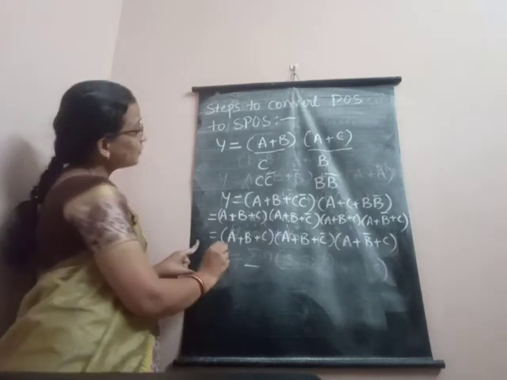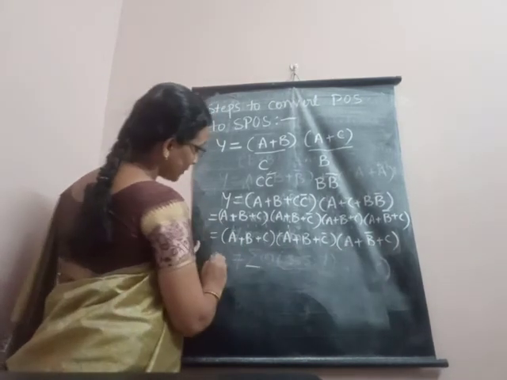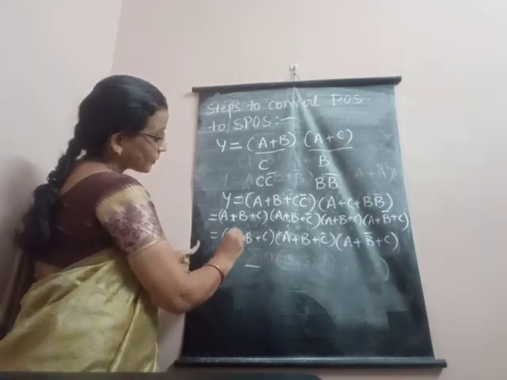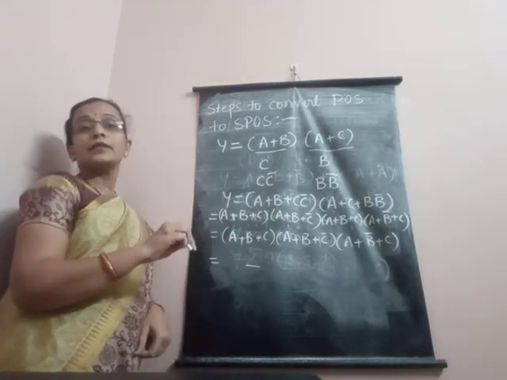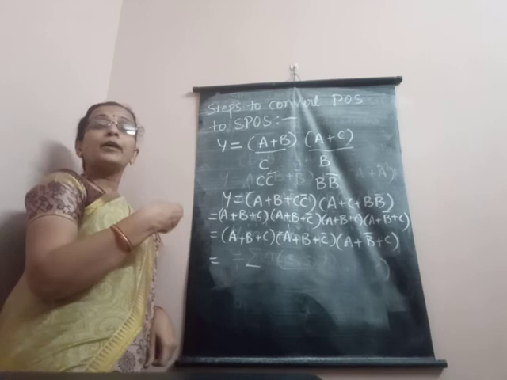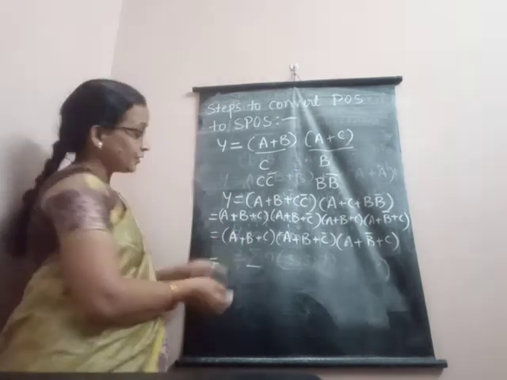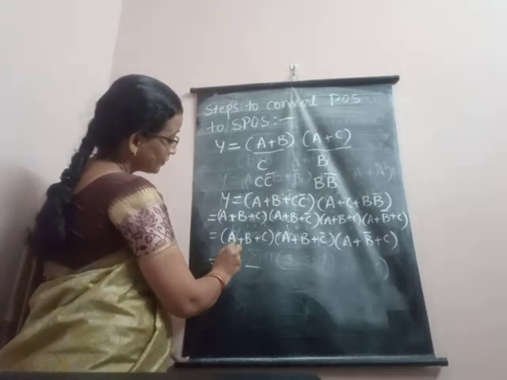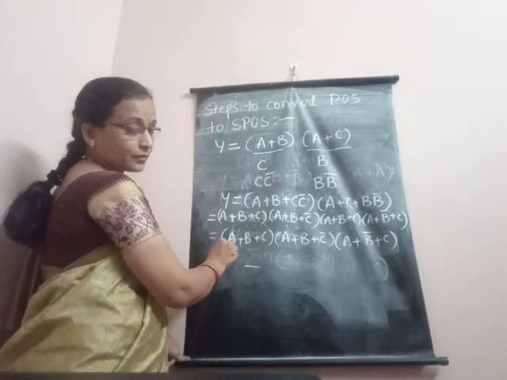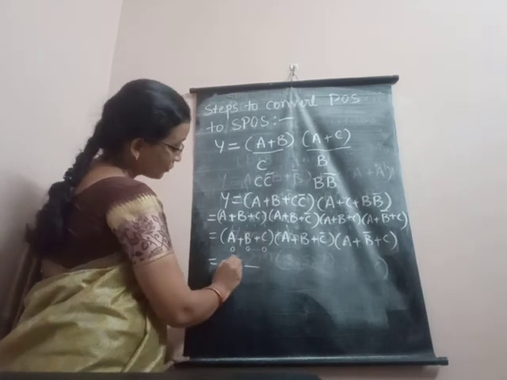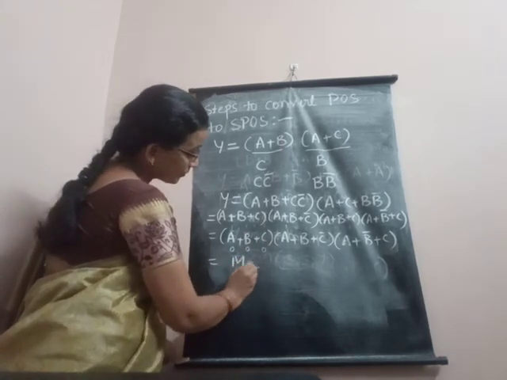Okay, these max terms are represented by using capital M. So here a represents 0. Okay, a bar represents 1 in case of max term. Correct? So here it is, a is there. A means we have to write this as 0, 0, 0. So this becomes capital M0.